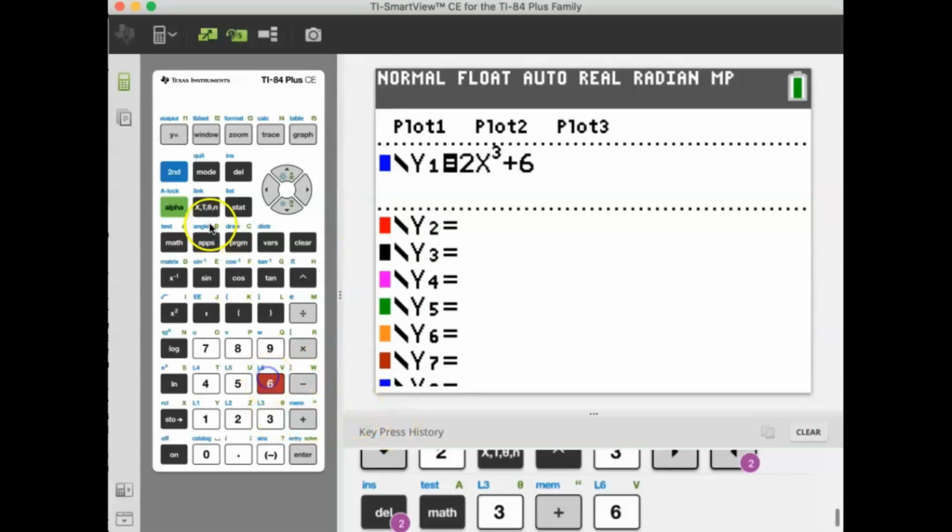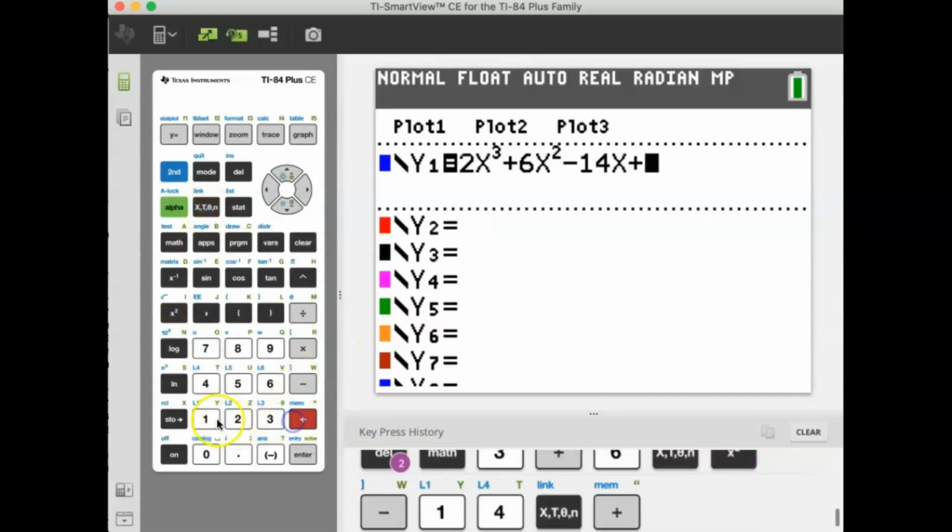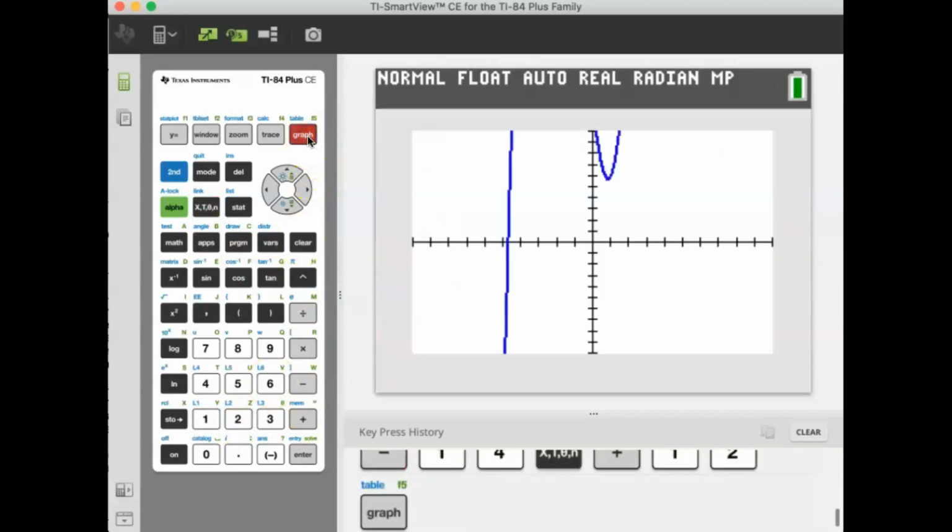Plus 6x squared, and squared is on the left-hand side to the left of that comma. Then minus 14x plus 12. And go ahead and hit graph.